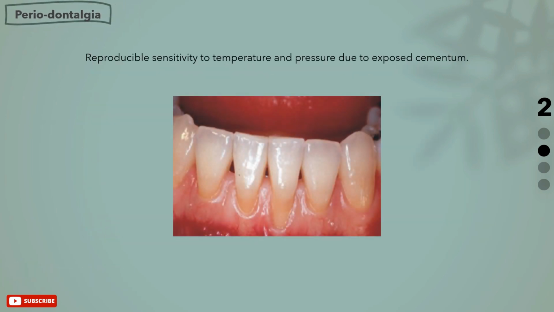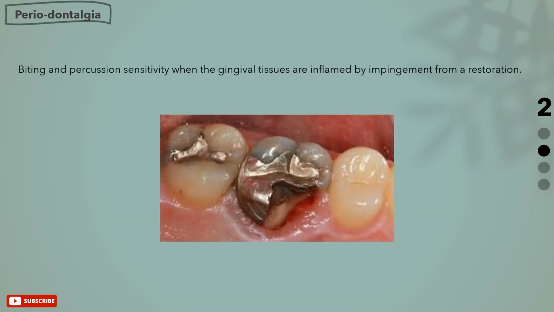Reproducible sensitivity to temperature and pressure due to the exposed cementum. Affected teeth might experience biting and percussion sensitivity, especially if there is an inflammation caused by an impingement from a restoration.